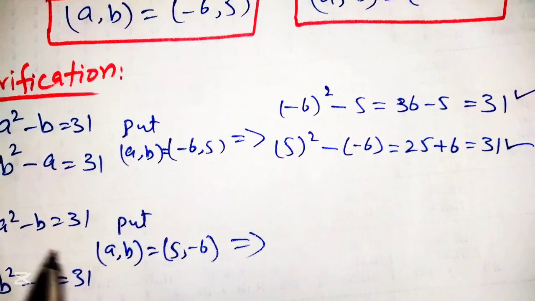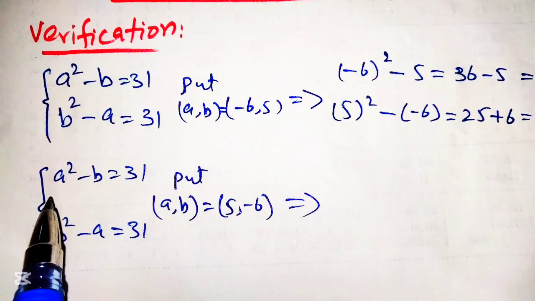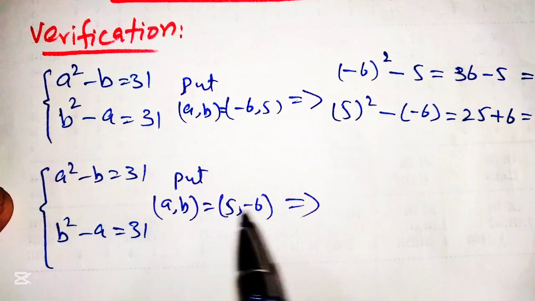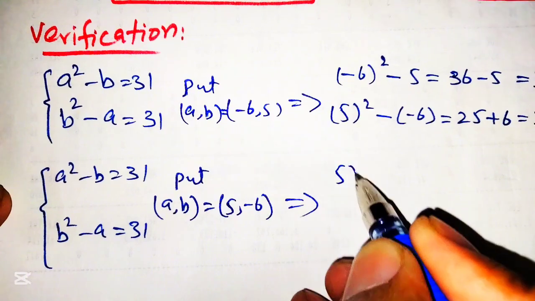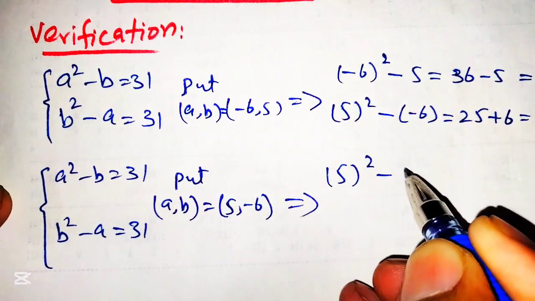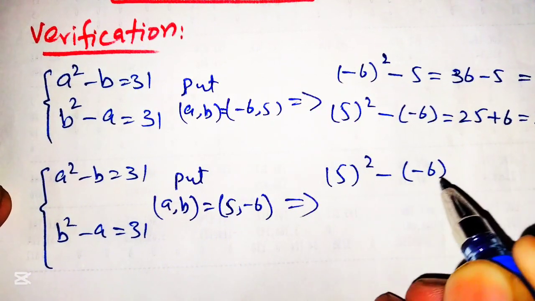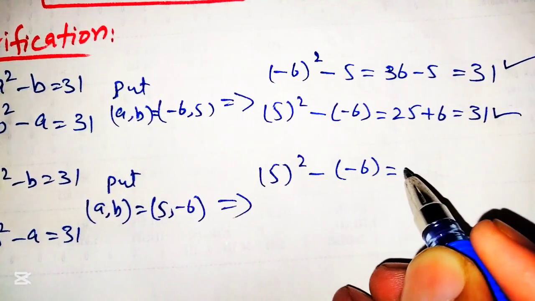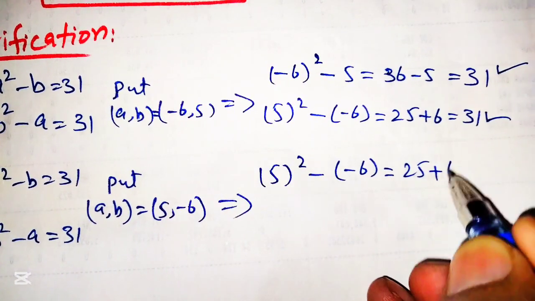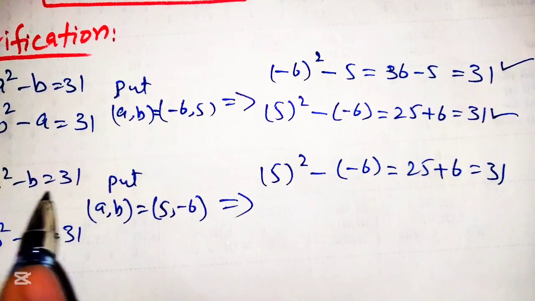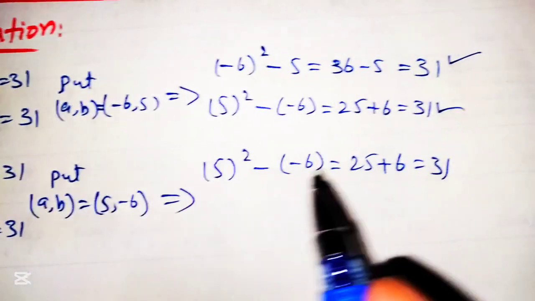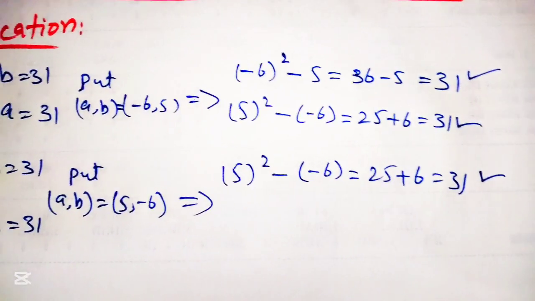So this equation will become 5², that is a = 5, minus b, which is −6. So it will become 25 + 6, which is equal to 31. So this value is verified.